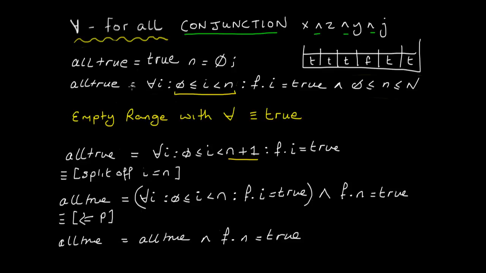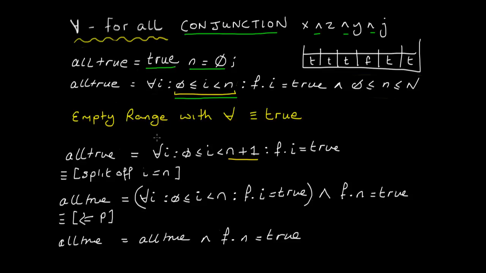When we think of initialization, if we're processing the entire array, of course we're going to set n to 0. That is going to give us an empty range, and we then must look at how the for all operator behaves over an empty range. For all over an empty range, we're going to assume that it's true at the beginning. So whatever variable we're using to store our answer is set to true.